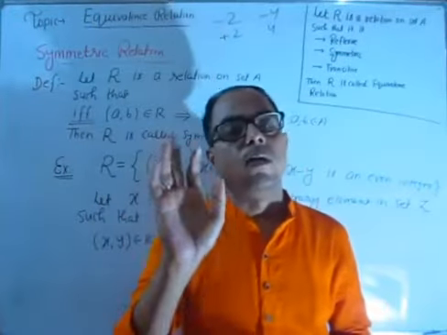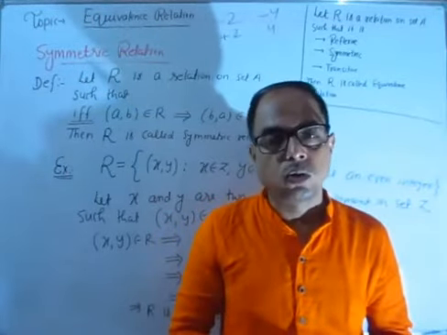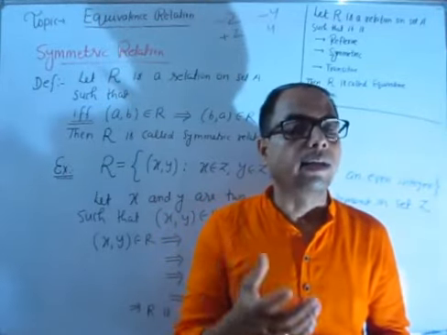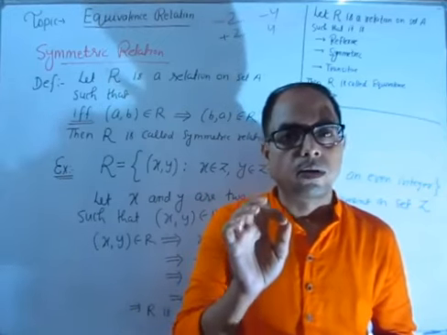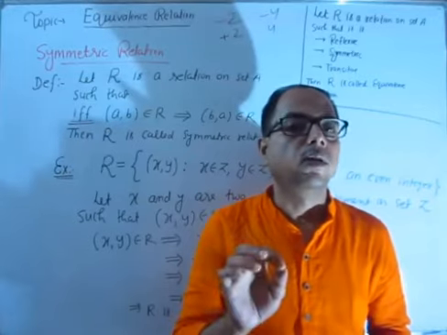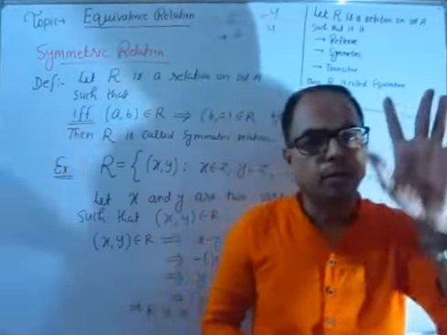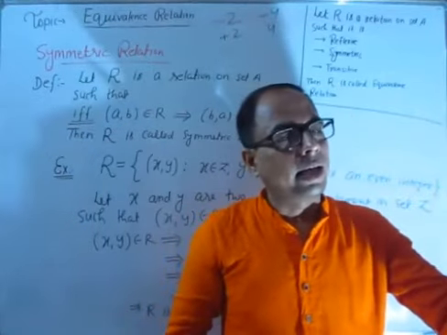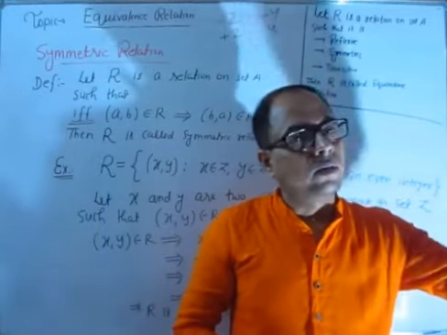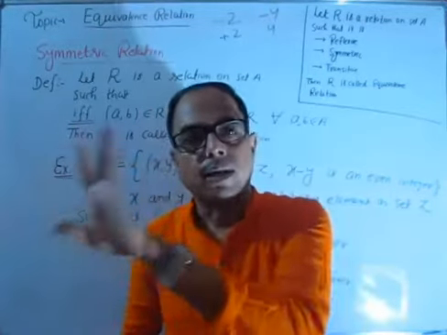Now 'is brother of', is it a symmetric relation? So think, is 'is brother of' a symmetric relation or not? The answer is it is not a symmetric relation. Why? Let us consider one example. Suppose I am saying that Mohan is brother of Radha.